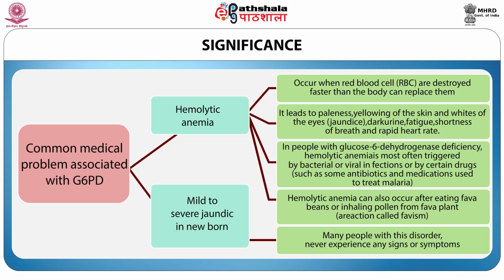The normal lifespan of RBCs is about 120 days, but may be shortened by a number of mutations, for example, glucose 6-phosphate dehydrogenase deficiency, sickle cell anemia, thalassemia, etc., causing the death of the malarial parasite that has not reached maturity.